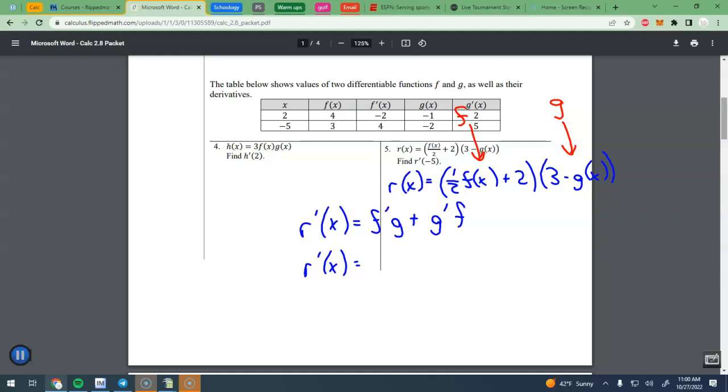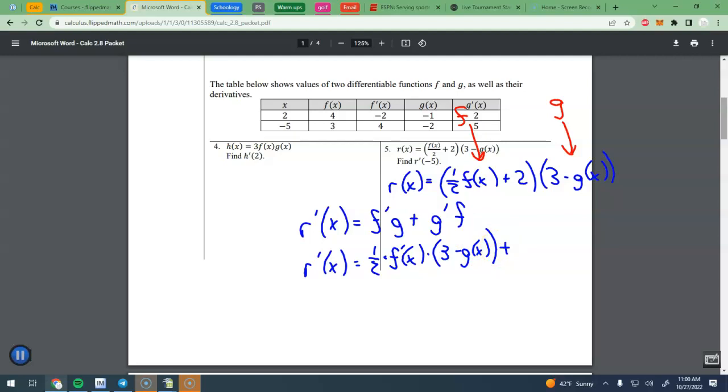If it was 1/2 cosine of x, what would happen to the 1/2? It would just drop straight down. So f of x is like the cosine of this scenario, so the 1/2 does still drop down. And then what's the derivative of f of x? It's f prime of x, times g. And g is this whole piece, so it's 3 minus g of x.